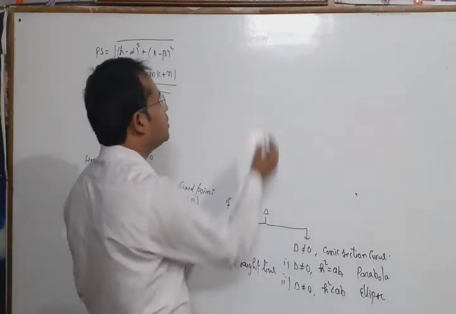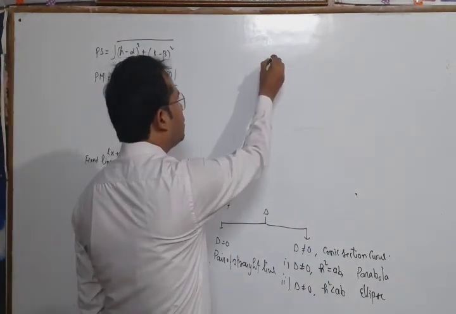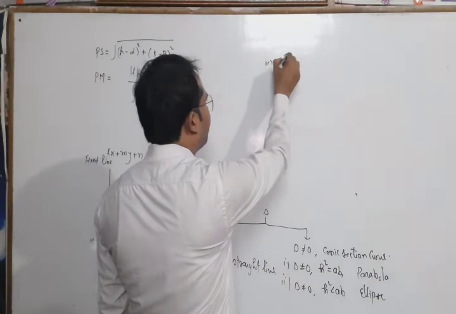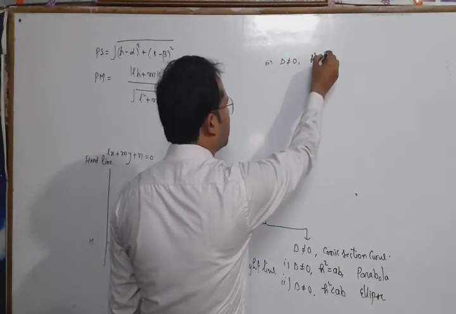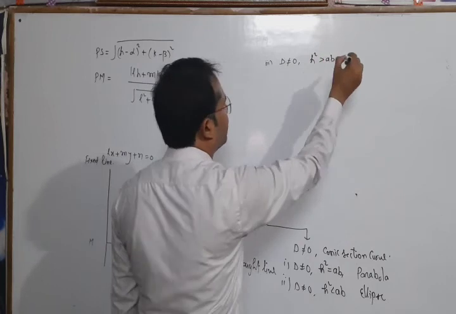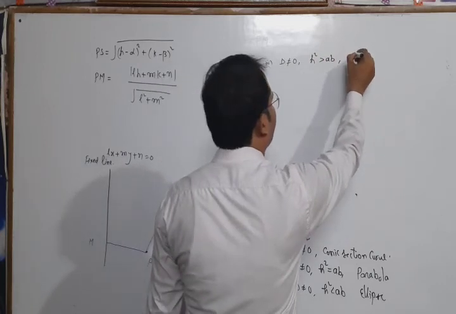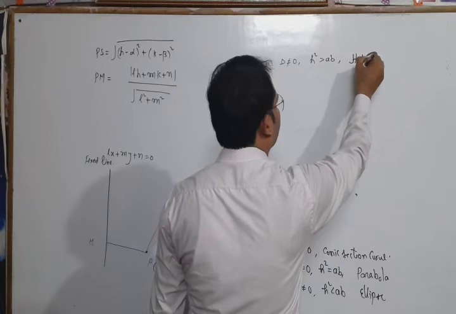Third condition, if delta does not equal 0 and h square is greater than ab, then it represents a hyperbola.